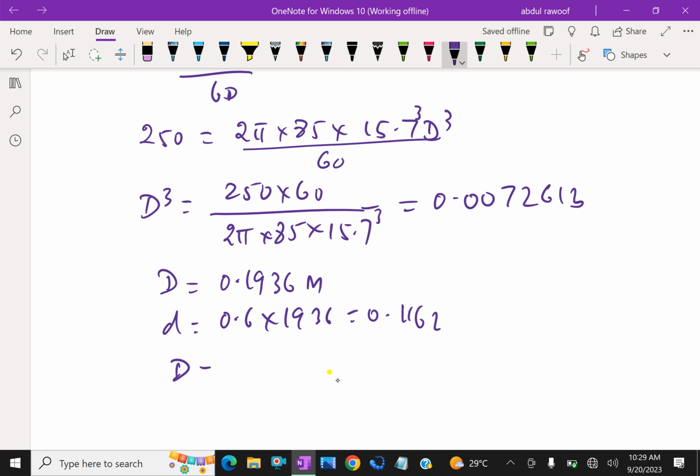Therefore, converted to mm, D equals 193.6 mm and small d equals 116.2 mm. We have done.